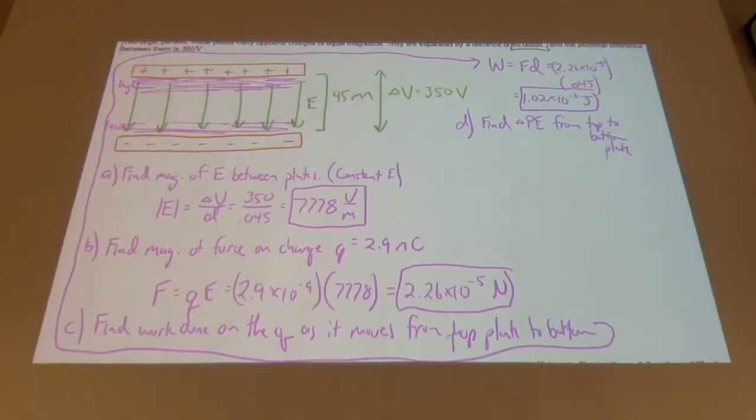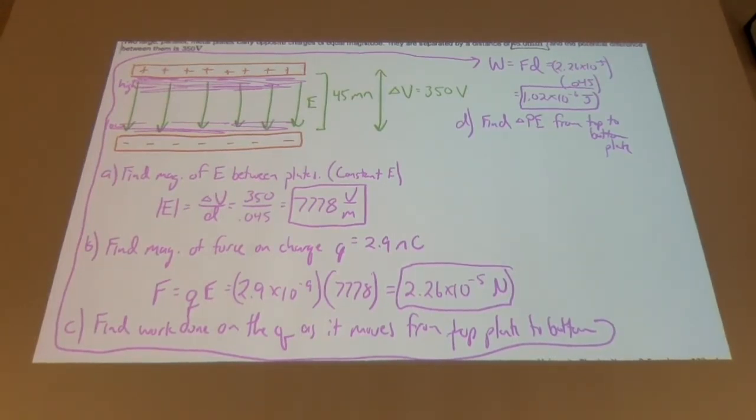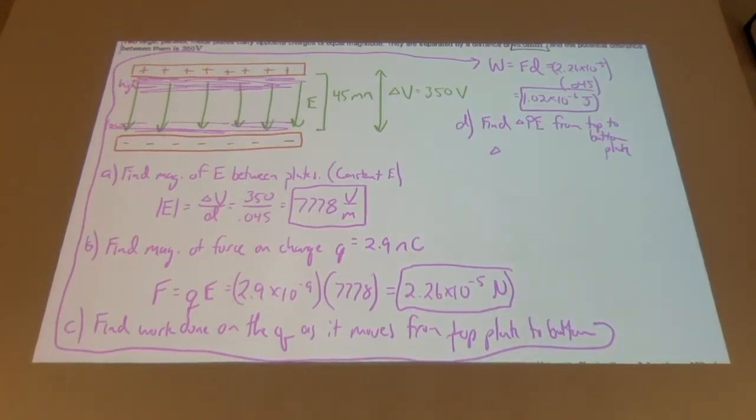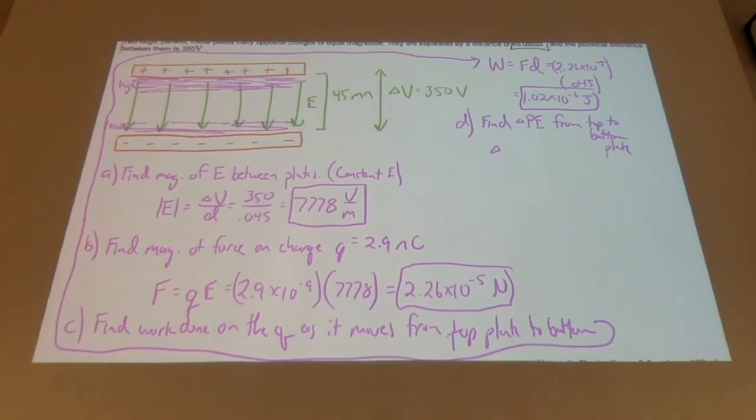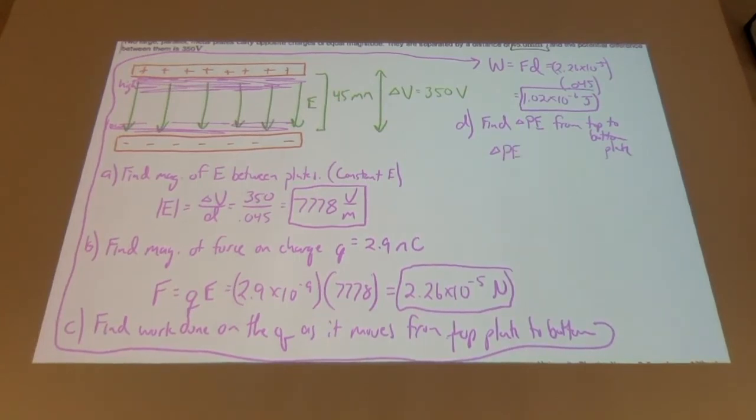Potential is something that points in space have. Okay? So we can find the change in potential energy by using an equation from last week. Let's see, so delta PE, or delta U is the same thing, is equal to the change in the potential times Q. The change in potential times Q. The change in potential is just 350, and Q is 2.9 times 10 to the minus 9 coulombs.